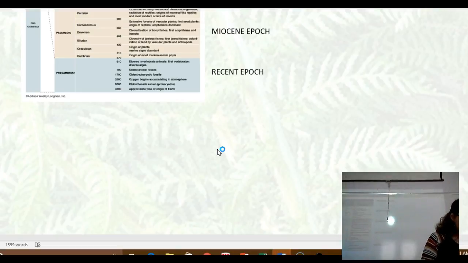Turn the page during the Mesozoic era. And then the Eocene epoch is the next paragraph.